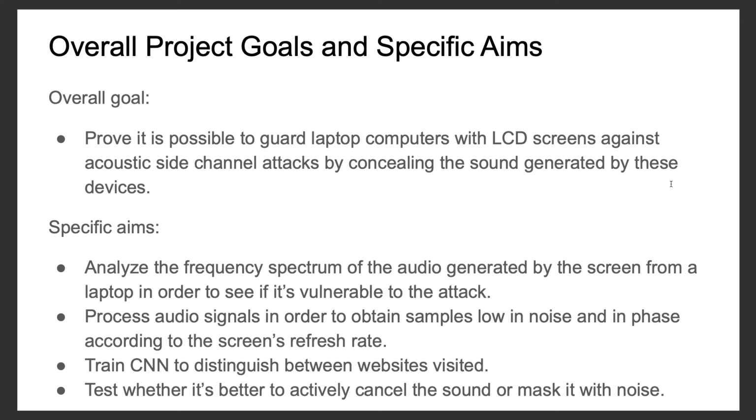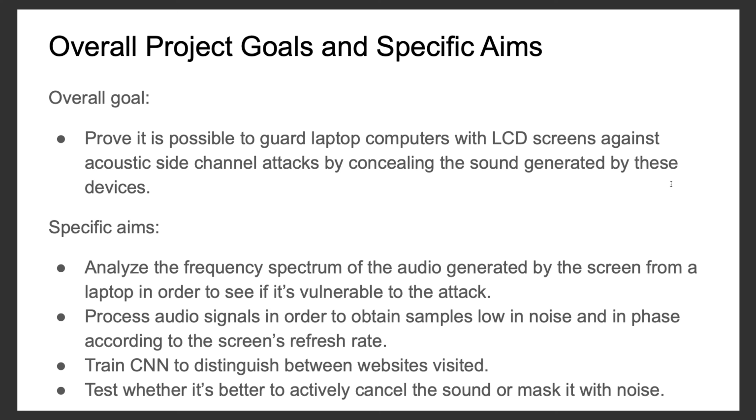The specific aims are, first, to analyze the frequency spectrum, in this case of my laptop, and see if it's vulnerable to the attack. Then to process the audio signals captured and try to obtain samples that are representative of what I need to explain: LCD screens have a refresh rate, and in each cycle of that refresh rate, the image is rendered.